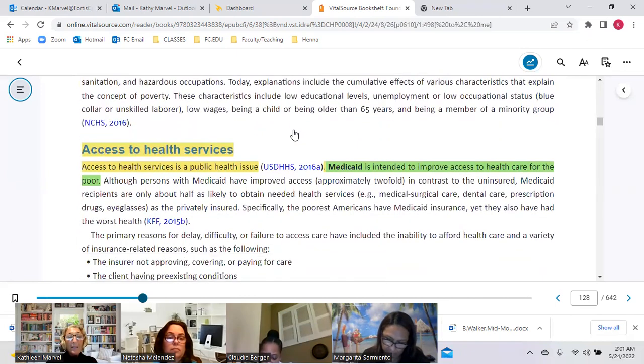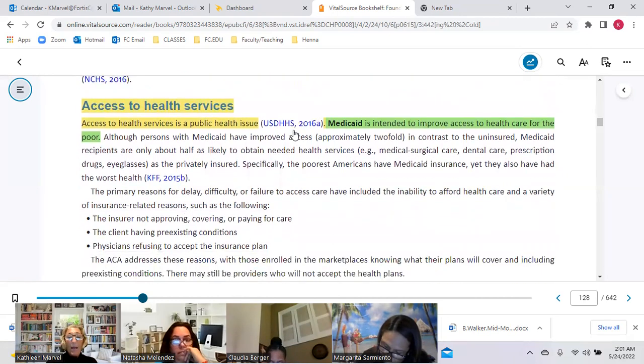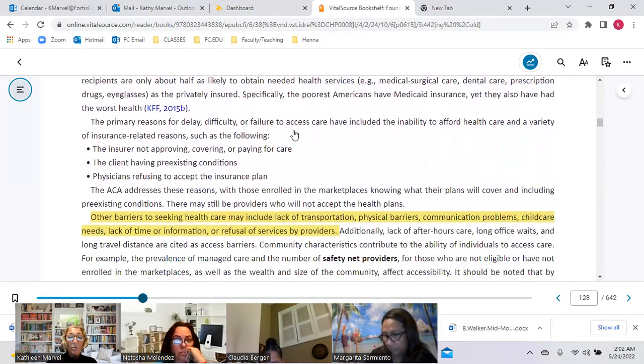Access is also a huge issue. If you don't have insurance, your access is limited. I mean, sure, you might qualify for Medicaid. What if you don't qualify for Medicaid? So access can be a huge issue.